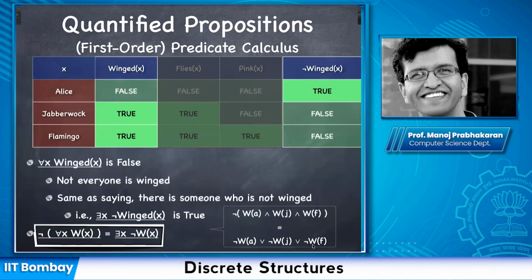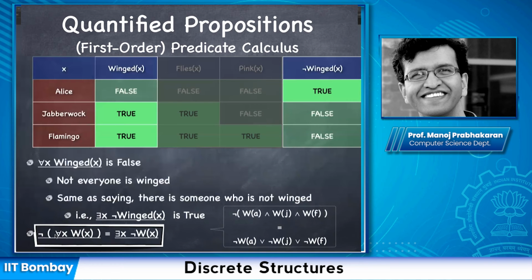So what you get here is just applying De Morgan's law twice. And if you look at what this is saying, there is some value A, J or F for which not W(x) is true. That's what this disjunction is saying. So it's just De Morgan's law that I'm writing here, except of course it's a little more general because it applies even to infinite domains.